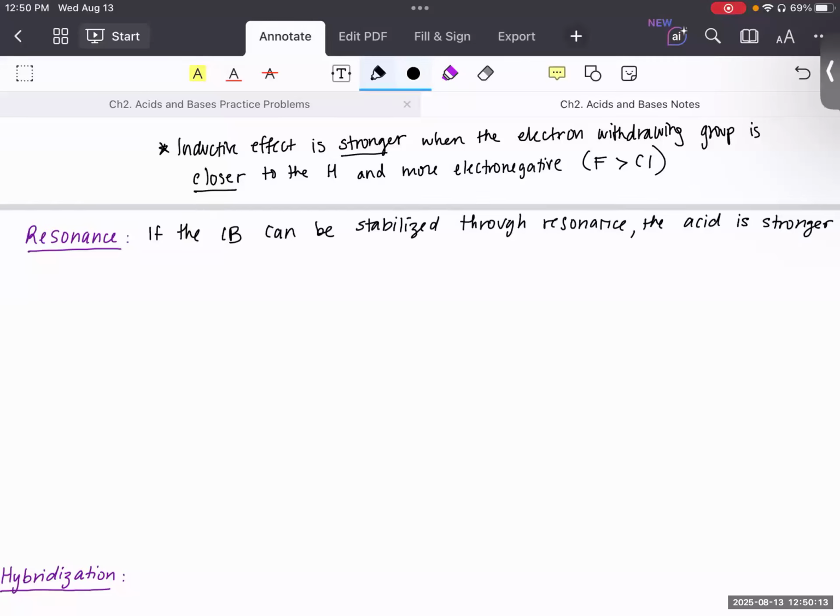And this is why it's really useful to also draw out the conjugate bases of all the acids that you're given, because you can compare the different resonance structures that each acid would get.